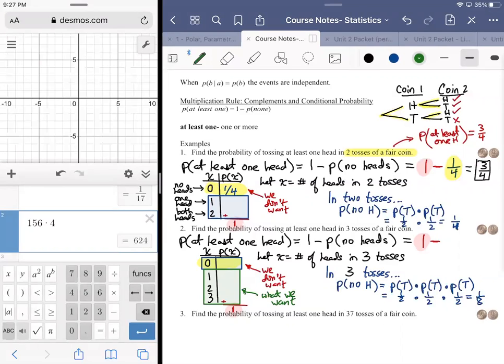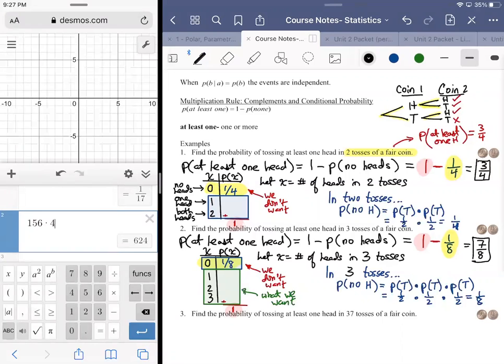And so if we find the probability of the thing that we don't want, which would be 1/8, because it's just including another coin there, then subtracting that from 1 would give us the probability of the thing that we do want, which would be 7/8. And that's the probability of getting at least one heads.